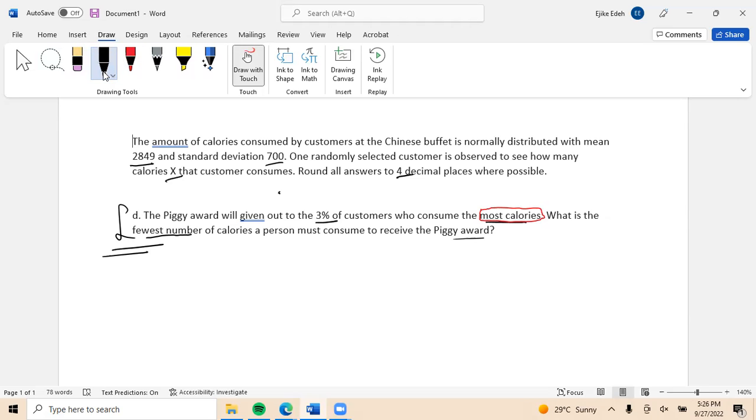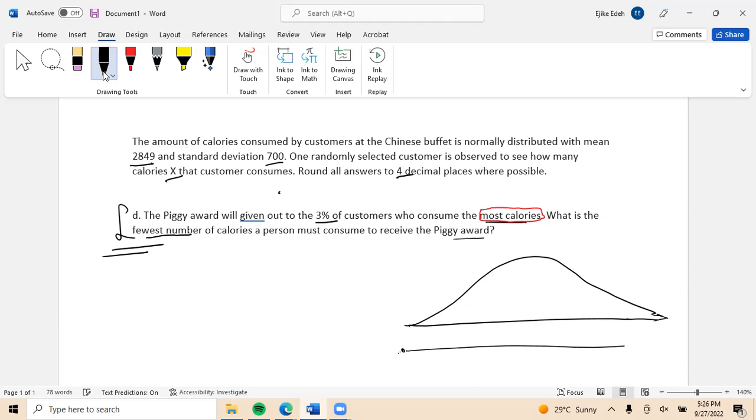So let's sketch our usual normal curve. If this is the sketch of the normal curve, you are looking at 3% at the most.